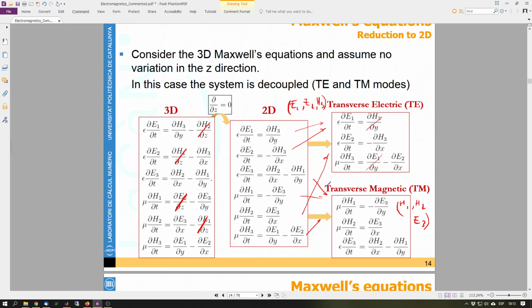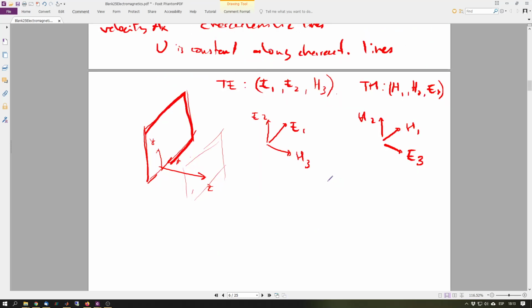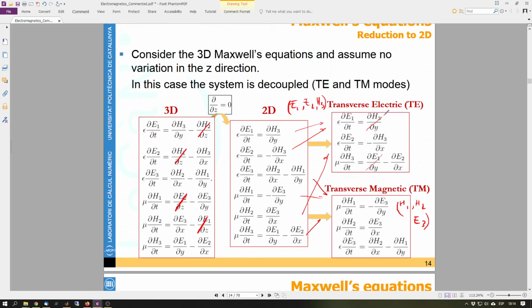And what I'm left with, that would be going from 2D to further going to 1D. So I have my derivative with respect to y equal to 0, and I get the derivative of my E1 that I had here with respect to time. This is going to be equal to 0. That's what we had here, no y derivative.